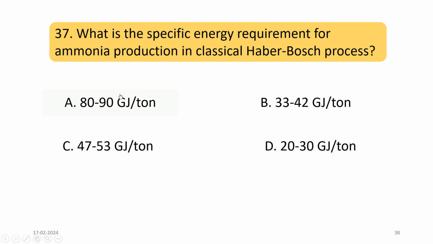So the answer is 80 to 90 gigajoule per ton. Okay, you see the chart and you will get everything. The classical Haber-Bosch process for ammonia synthesis requires 80 to 90 gigajoule per ton of specific energy.